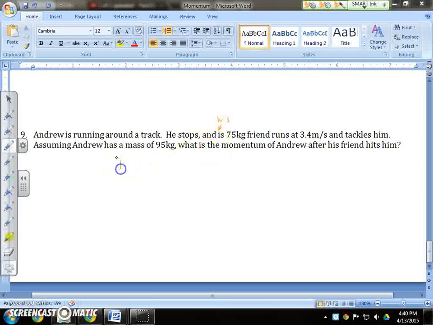So we are starting off with P1 as Andrew. Actually, P1, the first thing moving, is not Andrew, it's the friend. P2 is going to be Andrew. Again, we've got P1 equals M1V1 equals M2V2. But being that this is asking, let's really look at this, what is the momentum of Andrew?